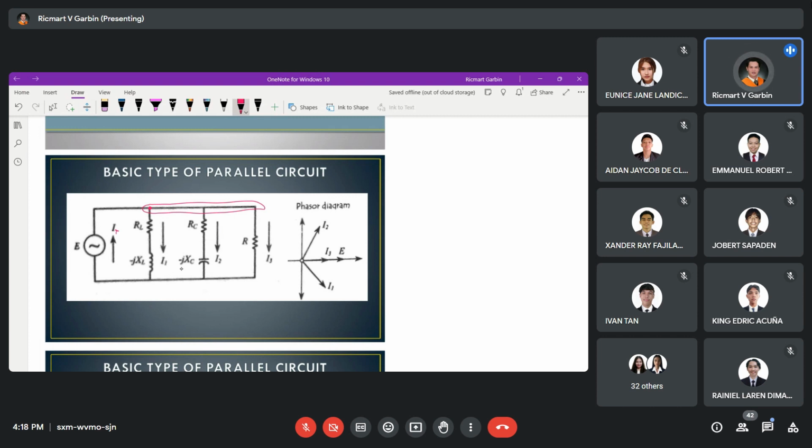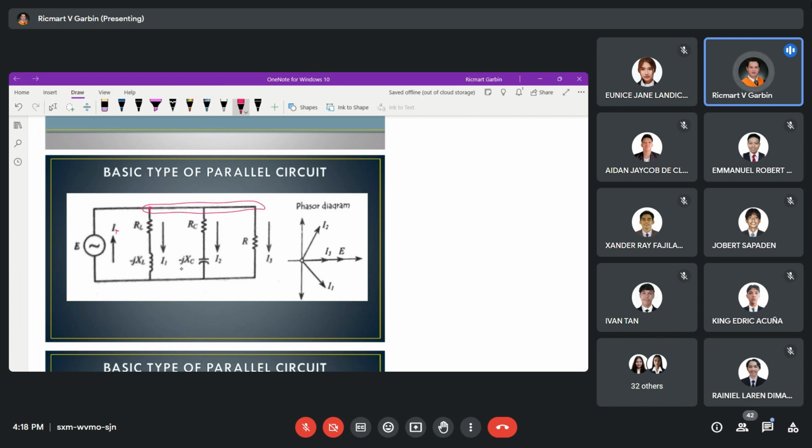Then, for I2, since this is a combination of RC circuit, resistor and a capacitor, mapapansin natin the current leads the voltage by a certain degree.